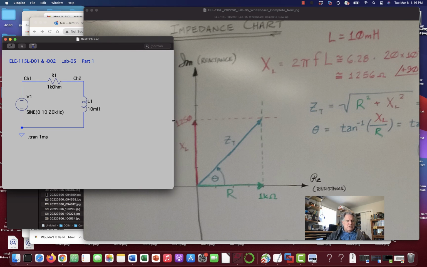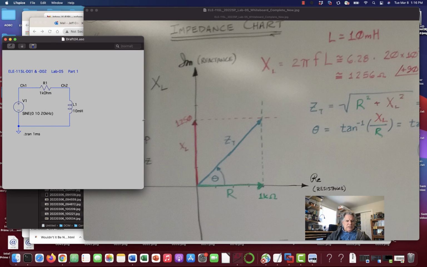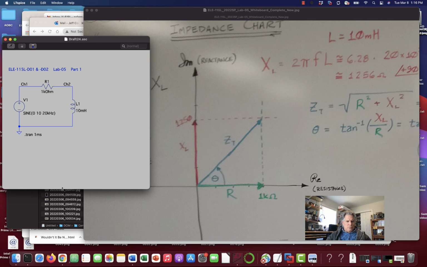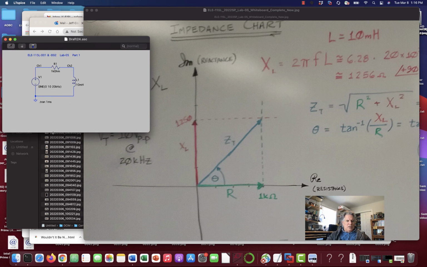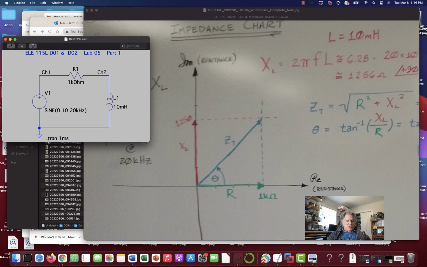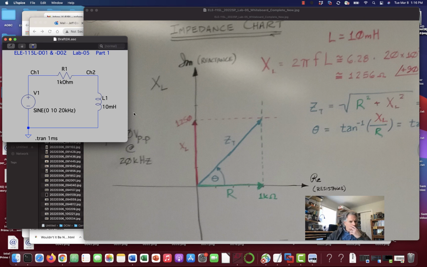Let's see here. I didn't want to shrink that down so much. I know what we'll do. We'll just do this. There we go. So now we have that. There's our circuit. So in a series circuit, if this were a resistor and this were a resistor, we'd add them together.